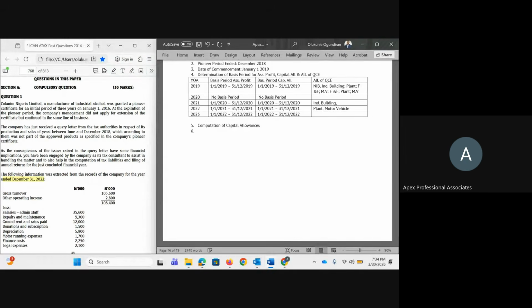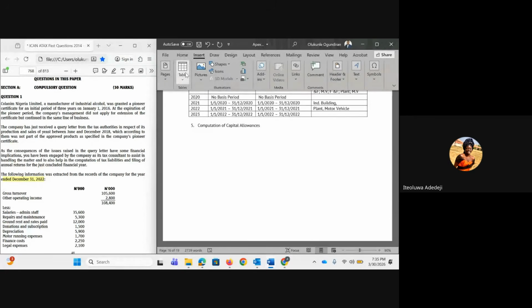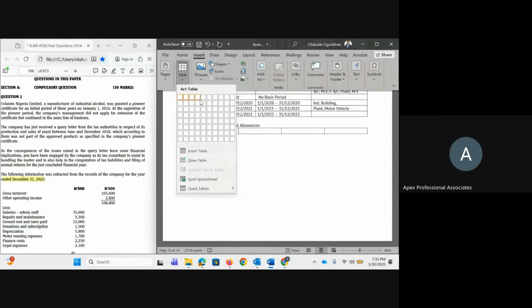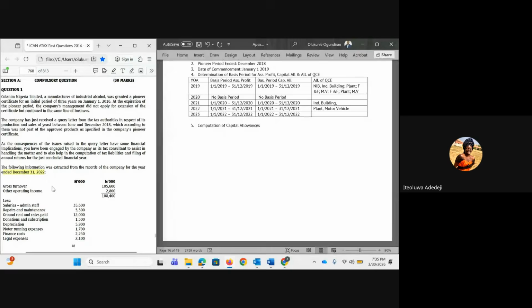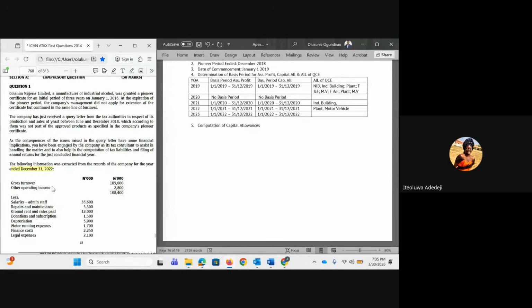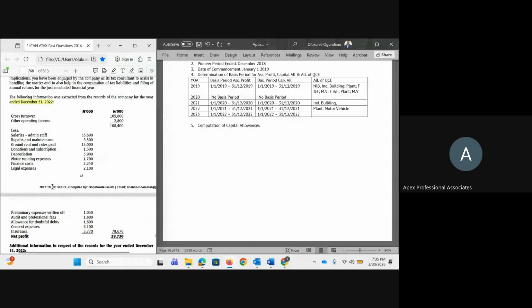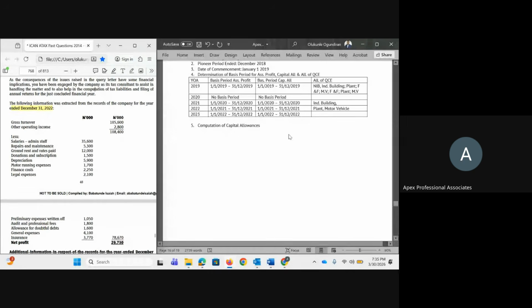Sir, because this one is gross turnover, that's why we are ignoring, right? You know the other one was net loss; that was why we had to calculate. No, this is already post-pioneer period, so you still have to calculate regardless.